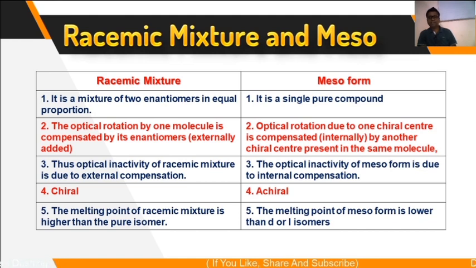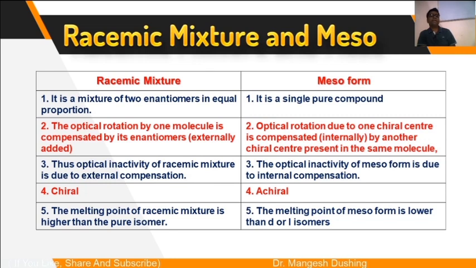While in the meso form, the optical rotation due to one chiral center is compensated by the other chiral center, that is internal compensation, because the plane passes through the compound that possesses a plane of symmetry. So rotation due to one chiral center is exactly cancelled by the rotation due to another chiral center.